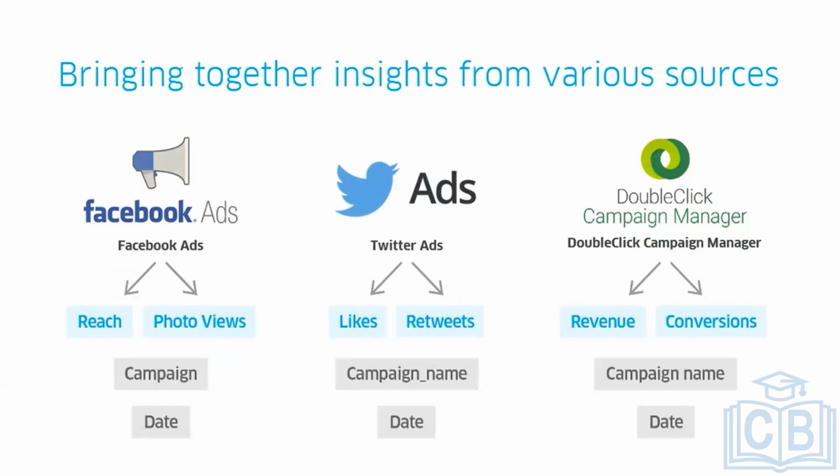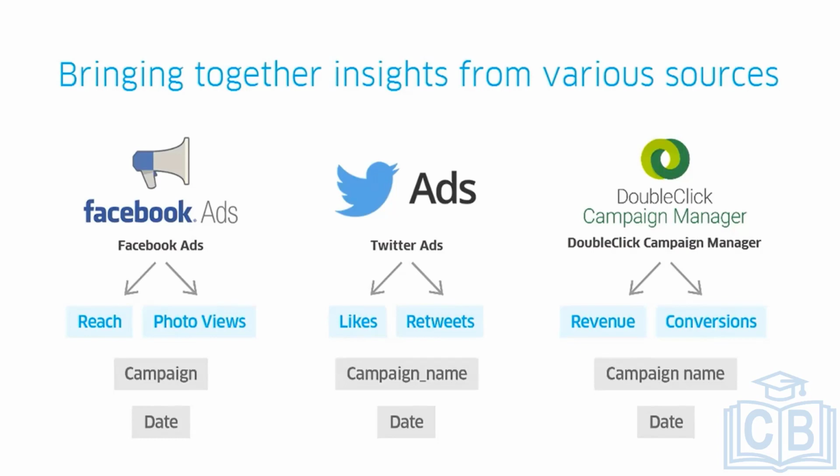If you see these three, Facebook ads, Twitter ads, and DoubleClick Campaign Manager, you will see that date and campaign are present in all three data sources. However, the unique metrics that these sources bring are reach, photo views, likes and retweets, revenue and conversions. So these are some of the unique things.